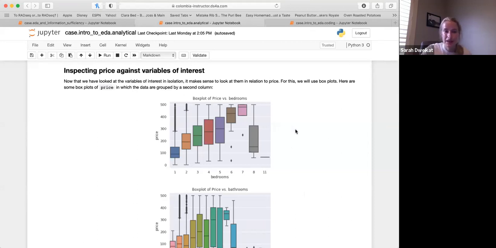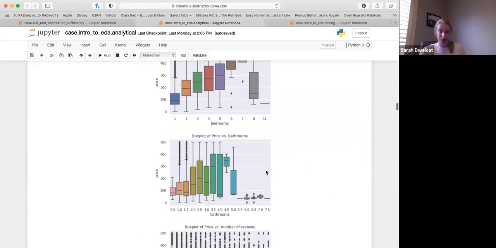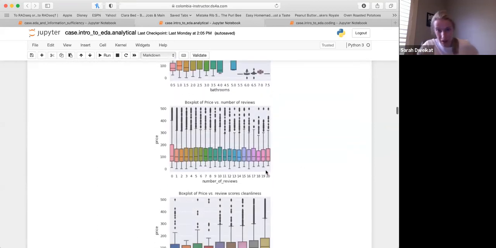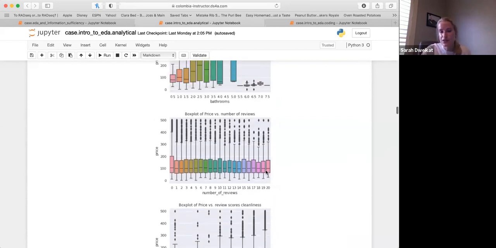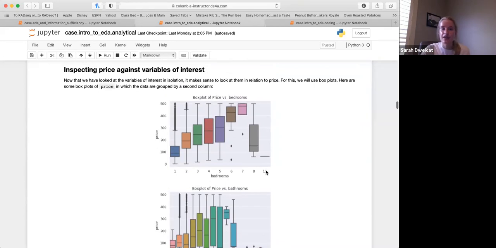We thought price was interesting, bedrooms, bathrooms, number of reviews. For your EDA, you can start by picking a couple of variables of interest and comparing them. Here we have created box plots for the relationship between price and bedrooms.